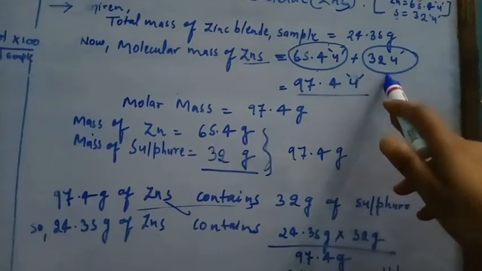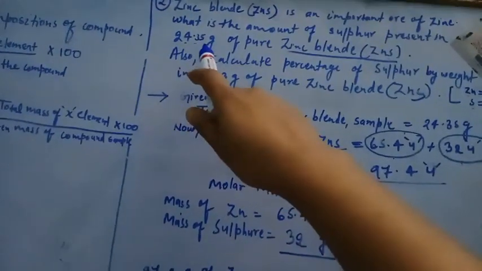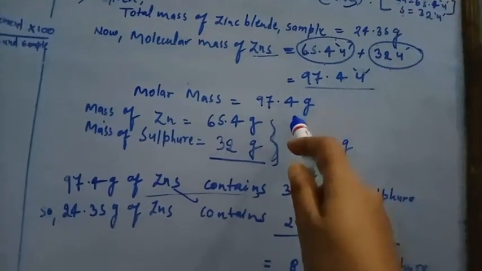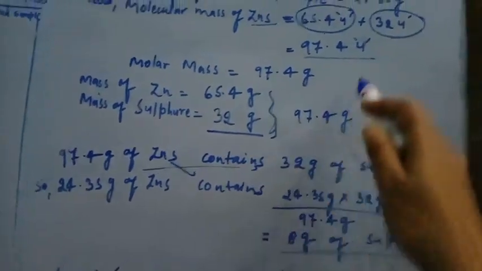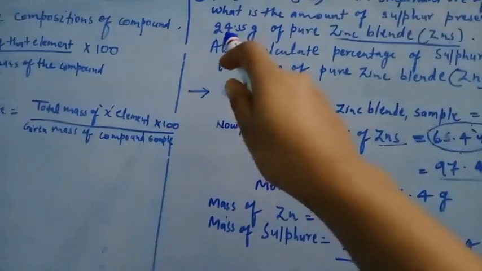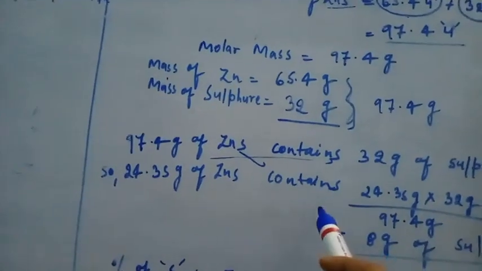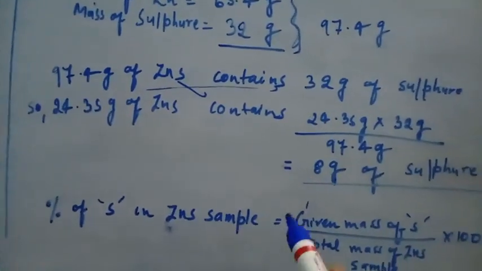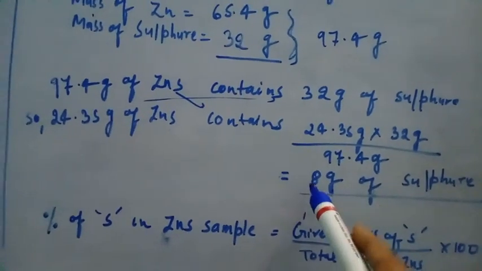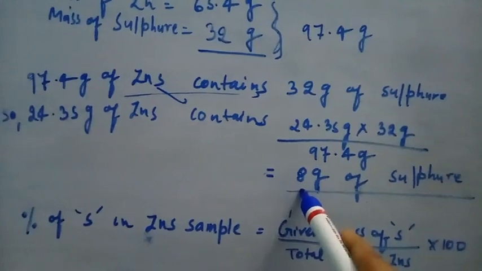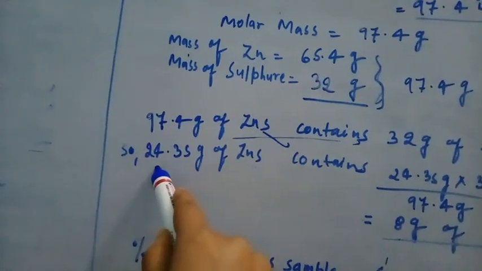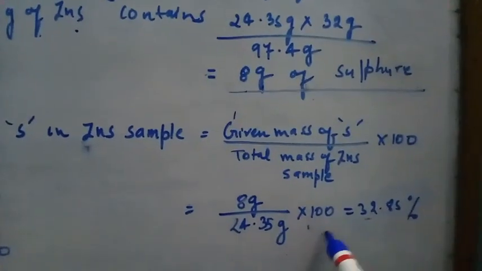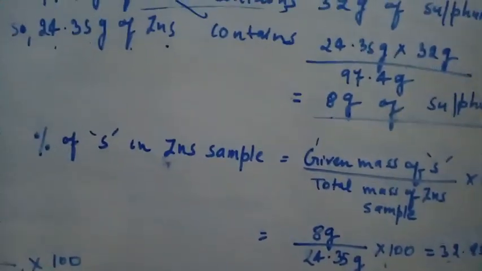Because it is asking to find the amount of sulfur in 24.3 gram of pure zinc blende, we will write one sentence that 97.4 gram of zinc blende contains 32 gram of sulfur. So 24.3 gram of pure zinc blende contains how much gram of sulfur? We got 8 gram of sulfur, and from that we got the percentage. The percentage of sulfur we get by dividing 8 gram of sulfur by 24.35 gram of zinc blende into 100. We will get 32.85% of sulfur.